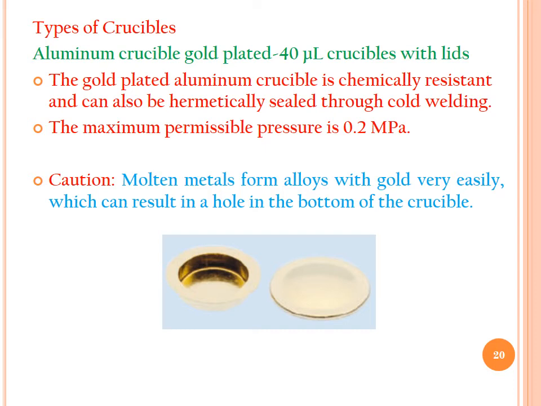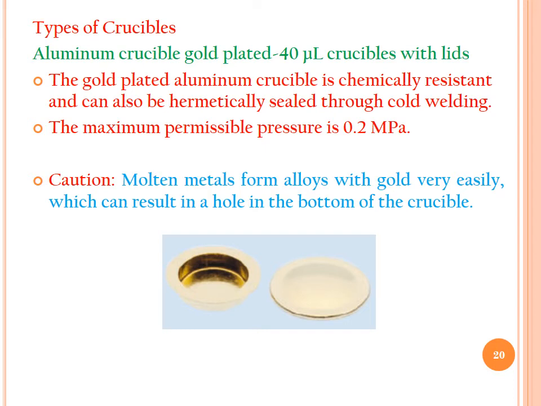The gold plated aluminium crucible has a capacity of 40 microliter, with lids. It is chemically resistant and can also be hermetically sealed through gold welding. The maximum permissible pressure in this type of crucible is 0.2 MPa.